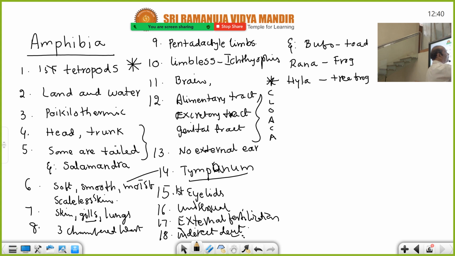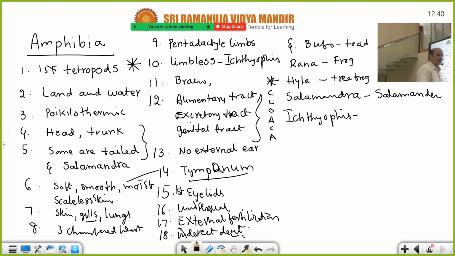Tree frog. Salamandra, salamander. Salamandra, scientific name. Common name is salamander. And lastly, Ichthyophis, caecilian. 5 examples are there. So there are so many, but here 5 examples.